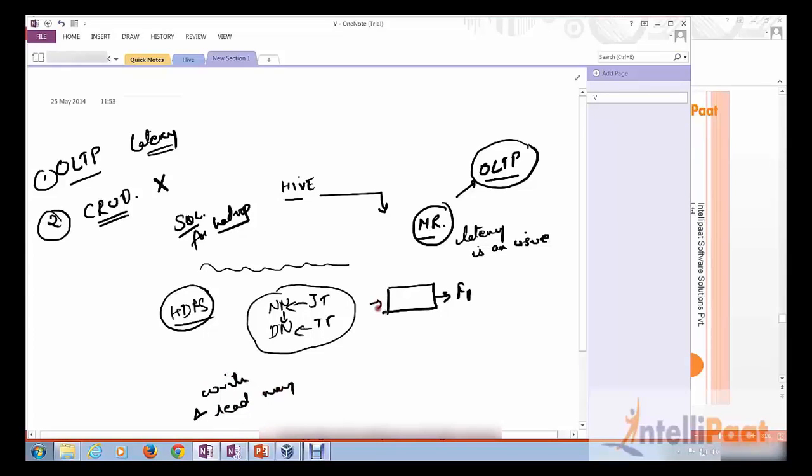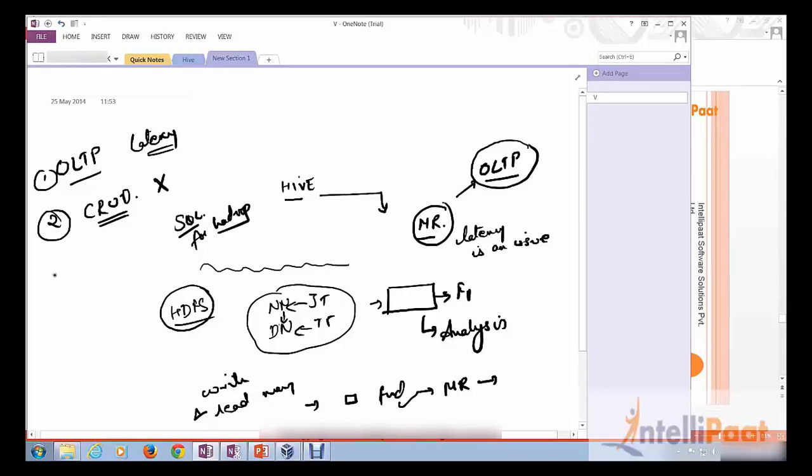If I write this file once, I have to read it many times for analysis. I can't use this for finding a particular piece of data, say a small chunk of data. Even to write some find, I'll have to write MapReduce code, which will take a very long time to run because it involves creating mapper tasks, reducer tasks, etc., and firing up the JVMs. So you should not use Hive for a CRUD kind of application because it's impossible.